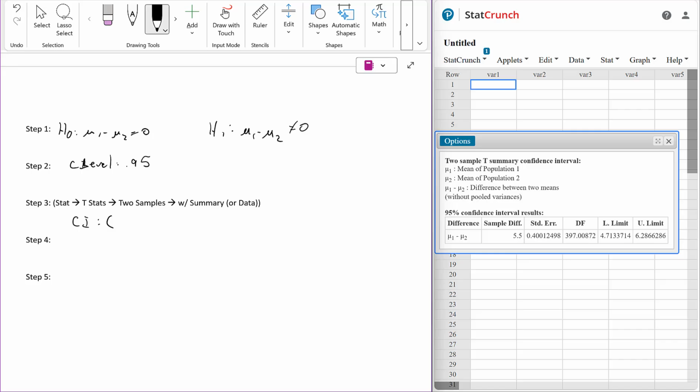We've got 4.71 to 6.29. And so we can see 0 is not in the interval.